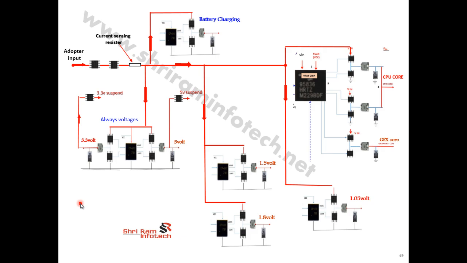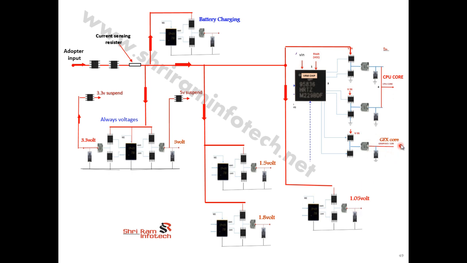Next, in the entire motherboard there are multiple pulse width modulators. These are the different pulse width modulators. Here are 2 pulse width modulators for 3.3 volt and 5 volt, and here is a pulse width modulator for 1.5 volt, 1.8 volt, 1.05 volt.